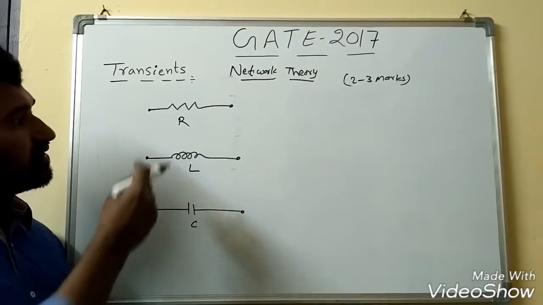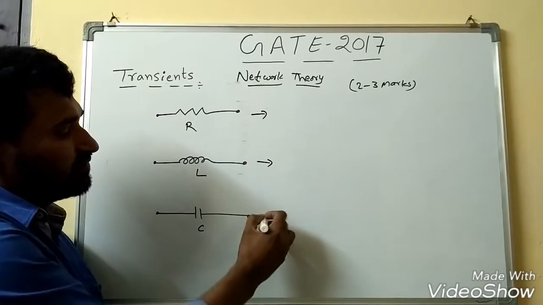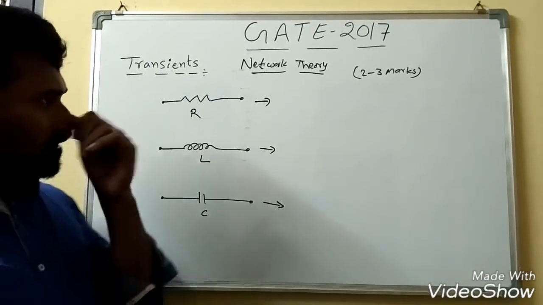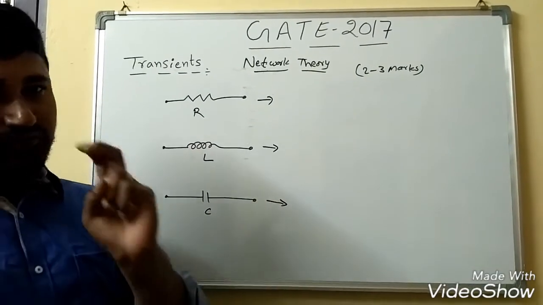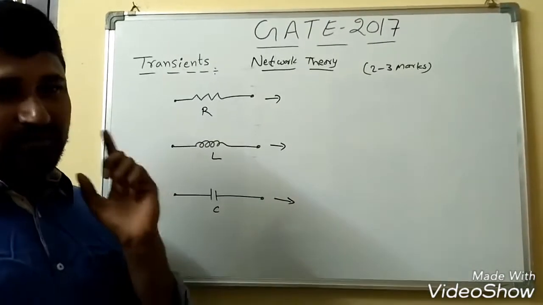these components. How the resistor will behave, how the inductance will behave, and how the capacitance will behave. Now, for the transient, only 3 concepts will be there. If you know those concepts, the transients part will be over.